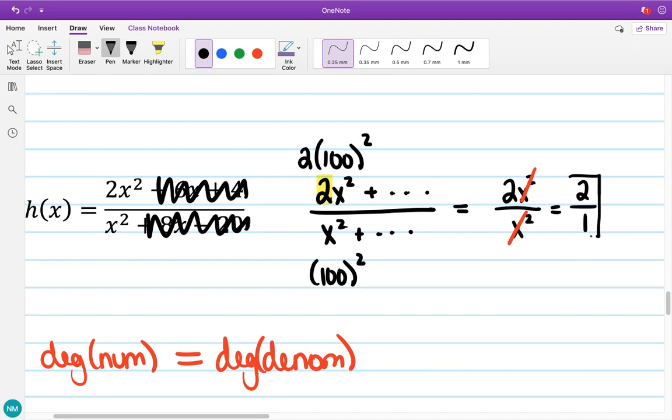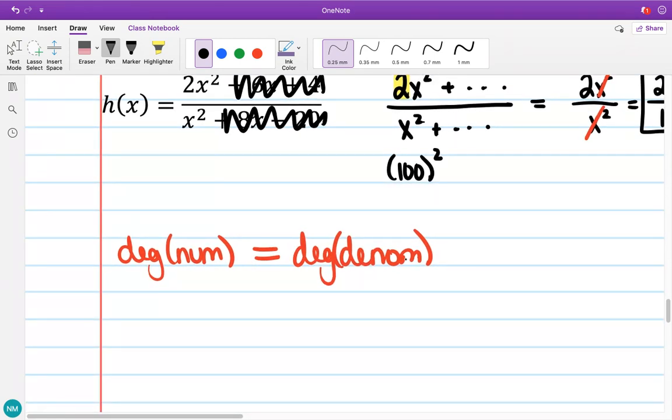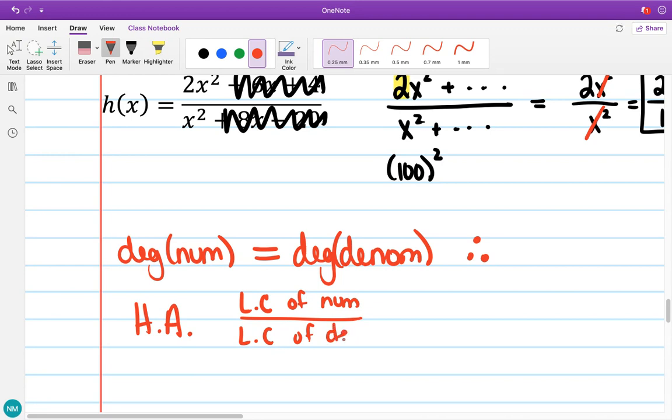And so therefore, my asymptote is going to be 2. So this is where it's important. If the degree of the numerator equals the degree of the denominator, then the horizontal asymptote is your leading coefficient of the numerator over the leading coefficient of the denominator.